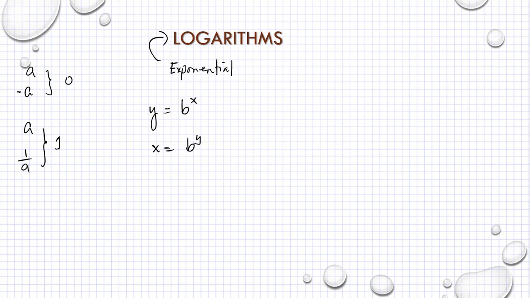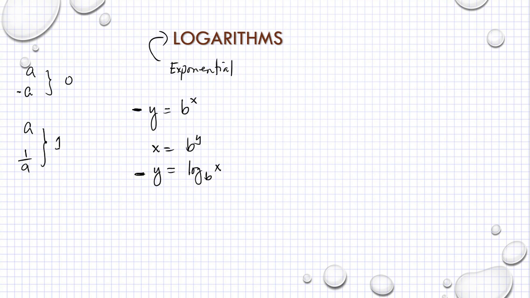So what they did is express this as y, a logarithm of x with a base b. That means they are inverses. This one is the exponential function, and the inverse of this is the logarithmic function.